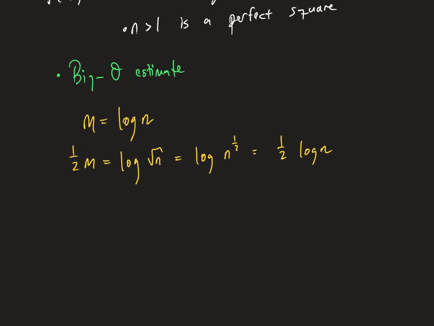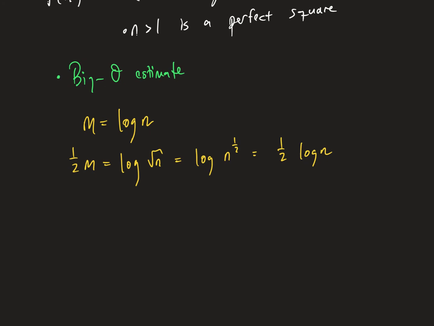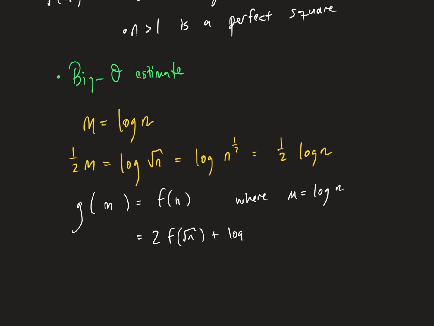So what we're going to do is define a new function, let's call this g of m. Define this to be f of n, where m is log n. So look what happens when we do this. f of n is 2 f of square root of n plus log n. That's the definition of f of n.